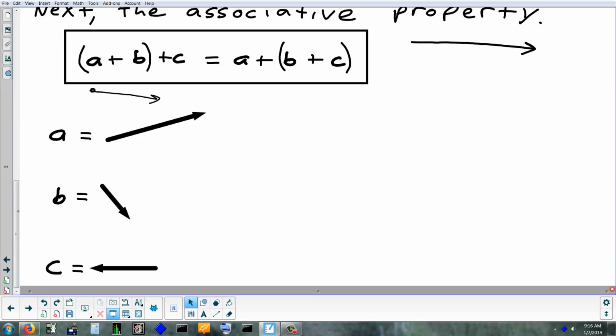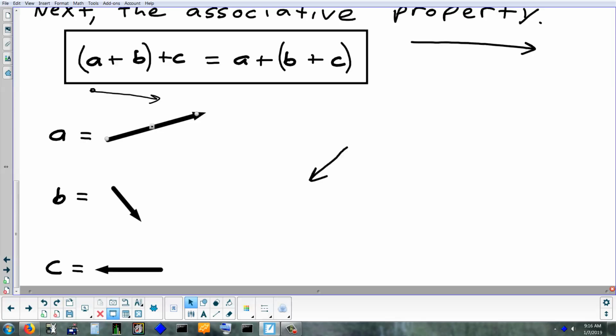All right, now let's do A plus B plus C, but let's do B and C first. So here's B, and here's C. So we're done with that. There's B plus C. And now I'm going to do A, and then put that on the end of it.